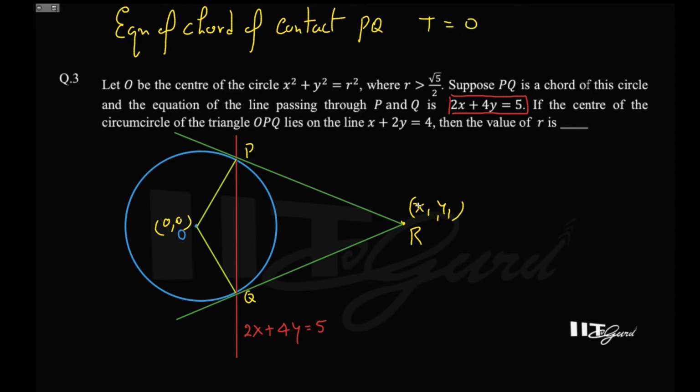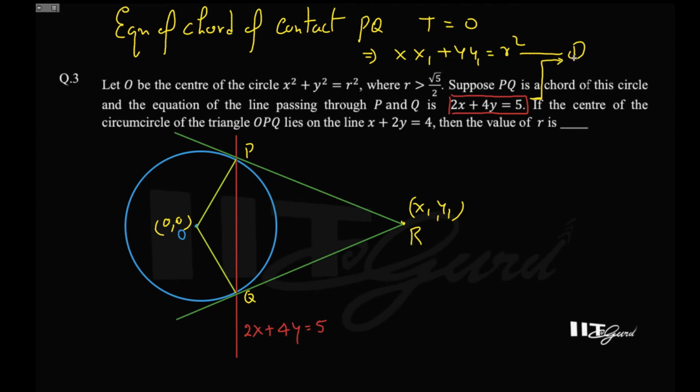With respect to (x1, y1), the equation of the chord of contact is x x1 + y y1 = r square, and this is the same line. So compare this with equation 1, the same line 2x + 4y = 5, which is the chord of contact.